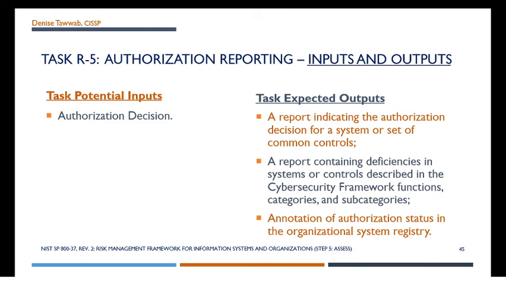The expected outputs will be a report indicating the authorization decision for a system or set of common controls, a report containing deficiencies in systems or controls described in the cybersecurity framework functions, categories, and subcategories, and that's for those of you who are using the NIST cybersecurity framework, and annotation of authorization status in the organizational system registry.